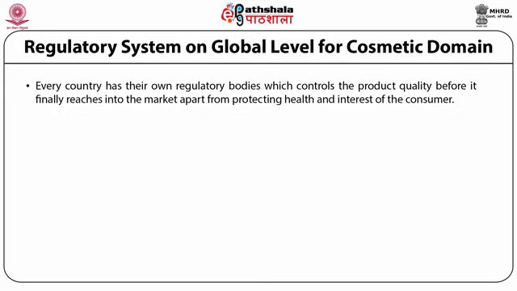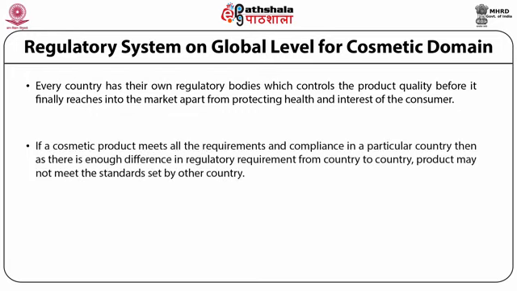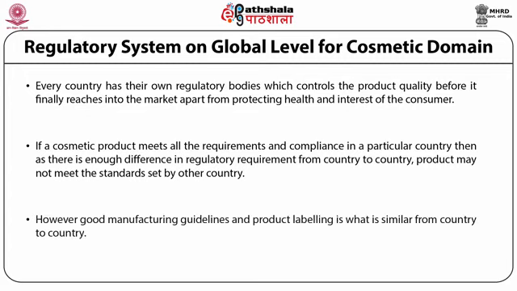Apart from protecting the health and interest of the consumer, if a cosmetic product meets all the requirements and compliance in a particular country, then as there is enough difference in regulatory requirements from country to country, the product may not meet the standards set by another country. However, good manufacturing guidelines and product labeling are similar from country to country.